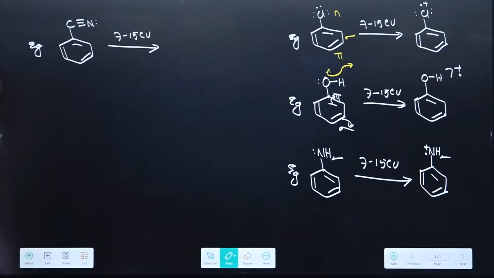Cyanobenzene. From the double bond, the triple bond, or from nitrogen?